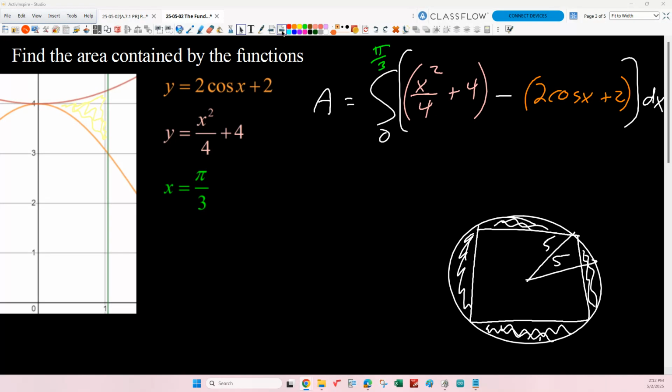So let's say they wanted to know what's the shaded area here. If the radius of that circle is 5, what would you do? The shaded area. Subtract the area of the square. There you go, right?